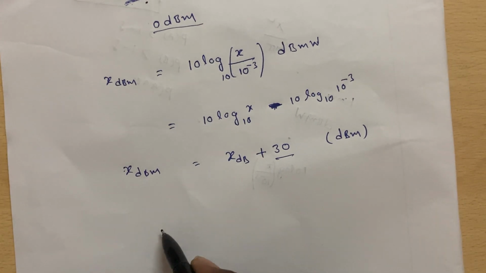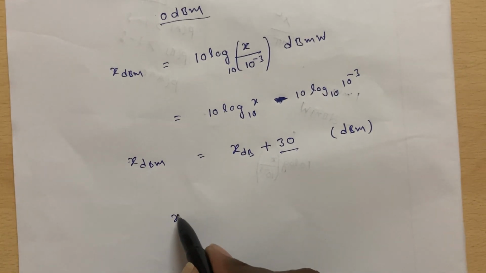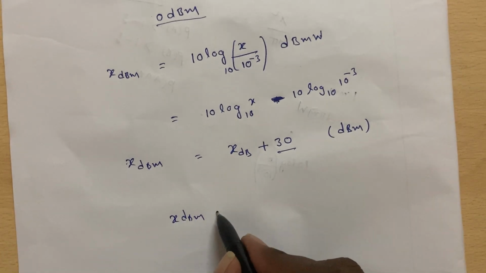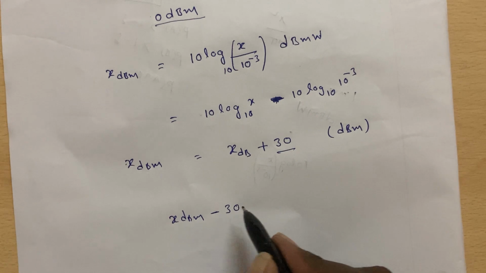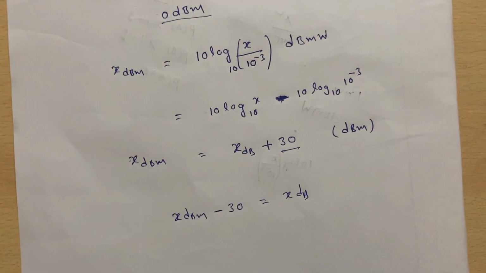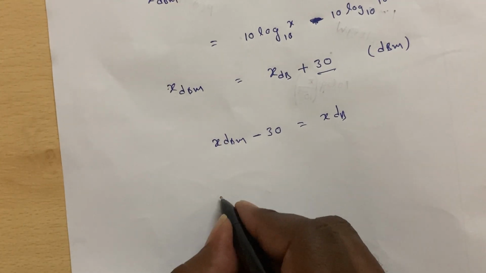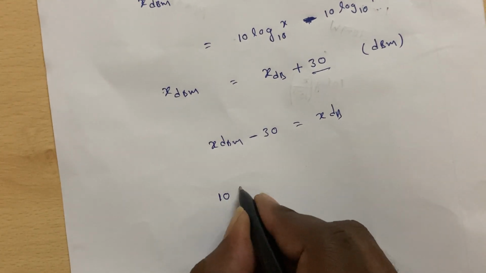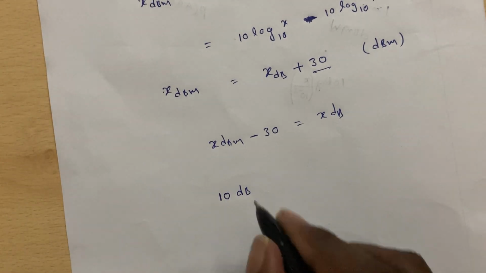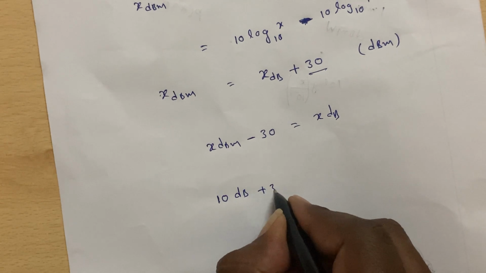Similarly, if a dBm value is available with you and you want to find dB, then subtract 30 and you'll get the dB value. For example, I have a quantity of 10 dB. What is its dBm value? I just add 30.